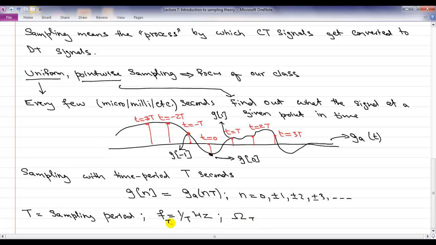Sometimes people put the subscript capital T to signify that it is related to the sampling. So omega_T is 2 pi f_T, which equals 2 pi over T radians per second.